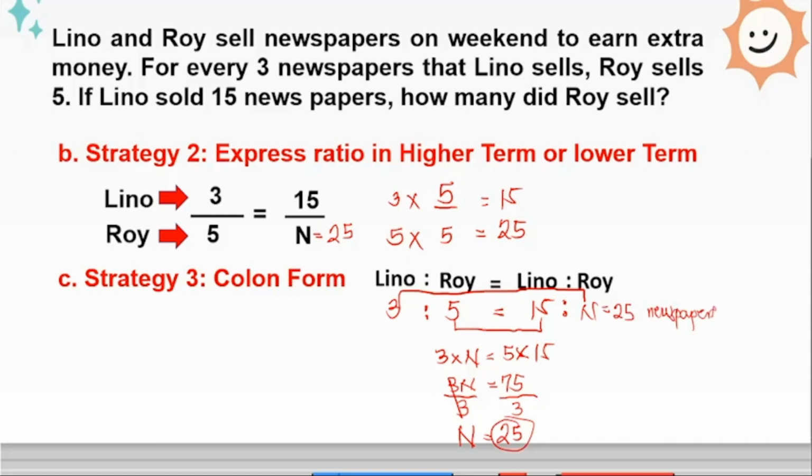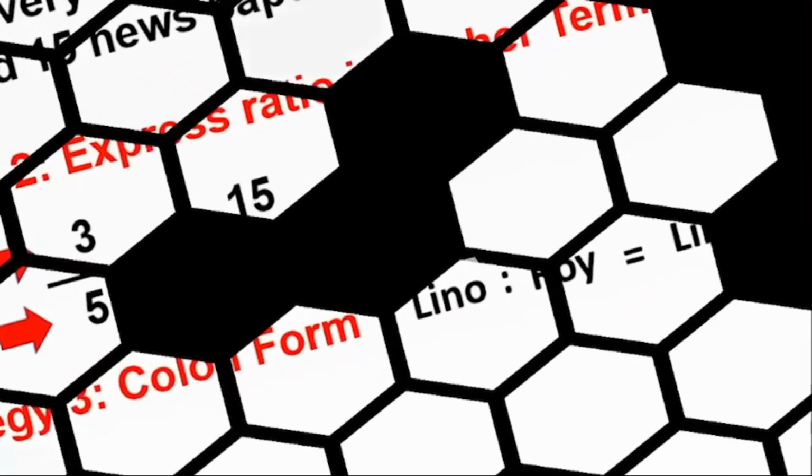Okay, so alam nyo na kung paano mag-set up ng ratio according to direct proportion. And then meron tayong tatlong strategy para pwede ninyong isolve yung problem that involves direct proportion. So let's have this another example.